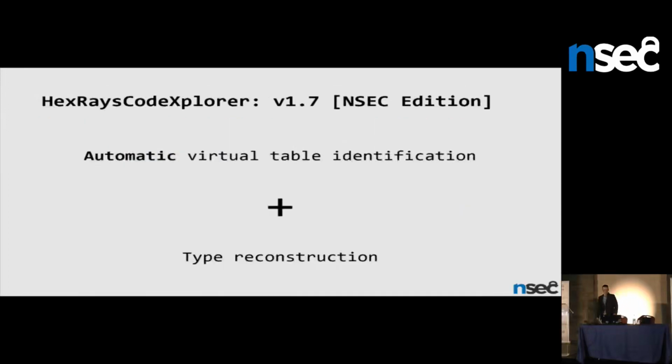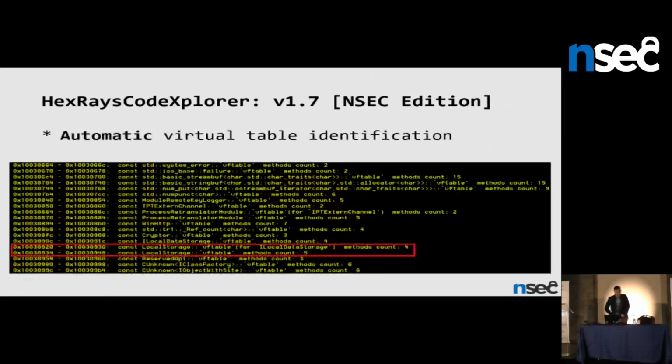Over the last few weeks, we have been working on a special edition of the HexRaysCodeXplorer for the NorthSec conference. In this special edition, we implemented automatic virtual table identification and type reconstruction. Basically, we are scanning the binary for virtual tables in it. So we know where the virtual table starts, where it ends, and we can create a structure describing this virtual table.